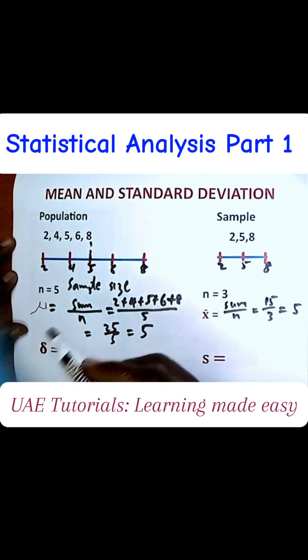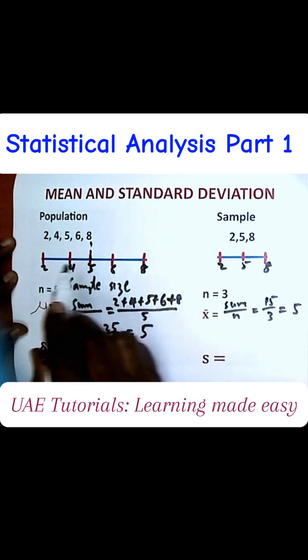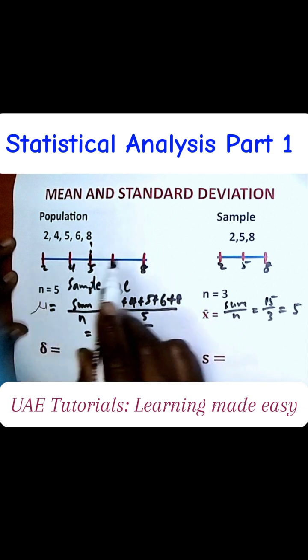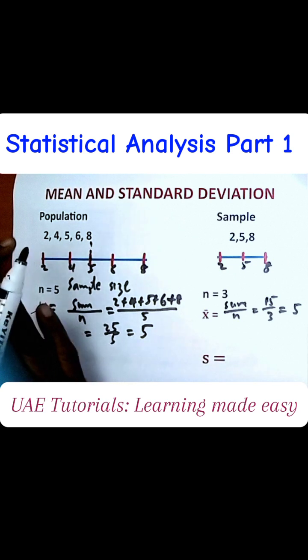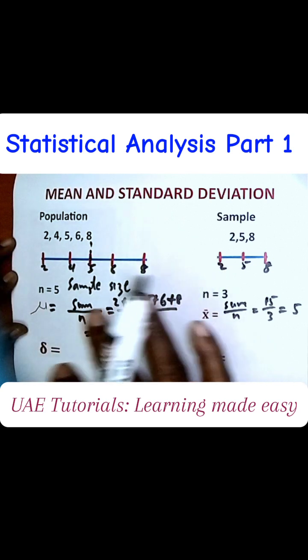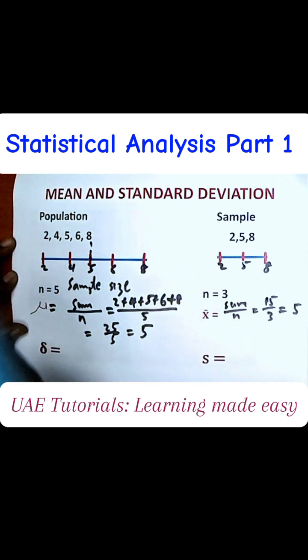Standard deviation is trying to tell us how far away the rest of the numbers are from the mean. That is the spread away from the mean. You want to calculate that spread away from the mean.